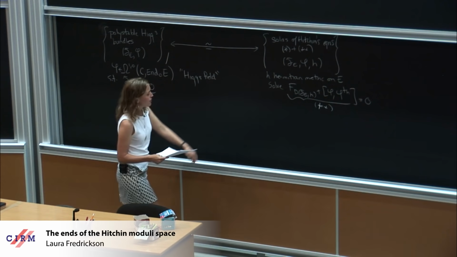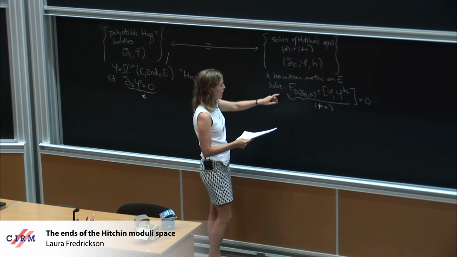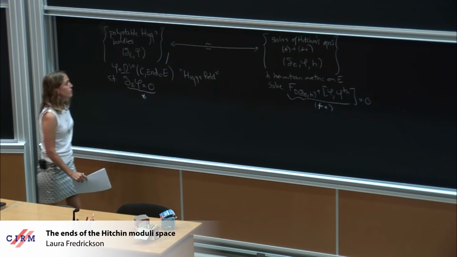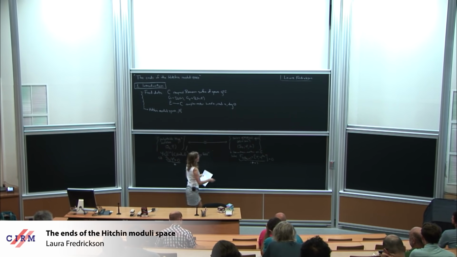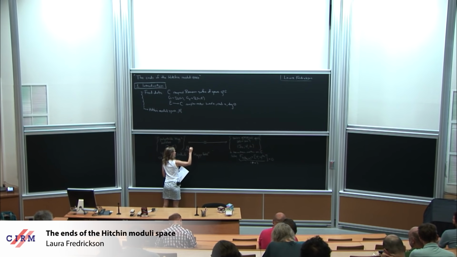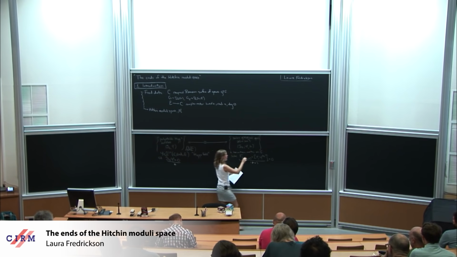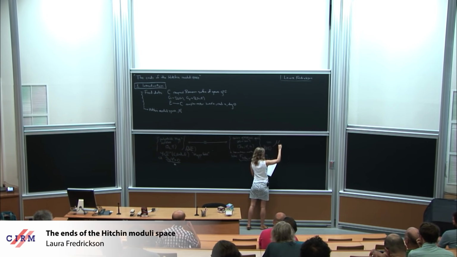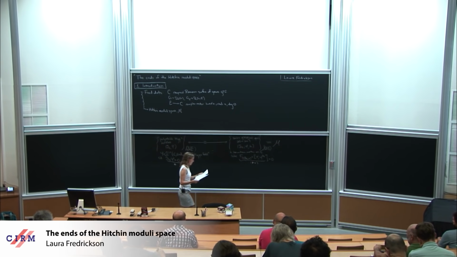And this is a coupled system of nonlinear PDE, and it's second order with respect to the metric. And so we can do all this up to gauge. On the one side we have SL(E), and then once we fix the metric, we have SU(E), and this will be the Hitchin moduli space M.